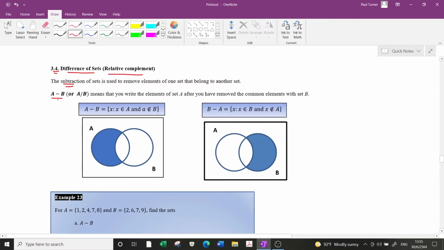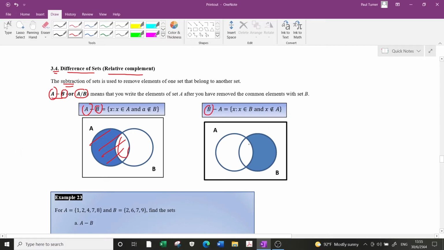So for example, we've got set A, removing the elements that are in set B. Or it can be written using a slash here as well between A and B. So A minus B, you're in A and not in B. So we have set A here, and we remove that bit that is in B. So this bit is removed here.